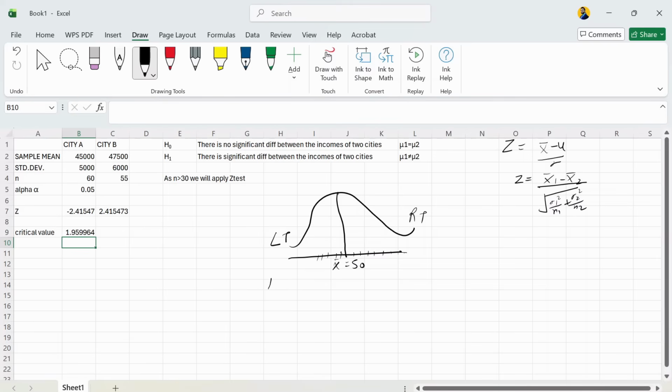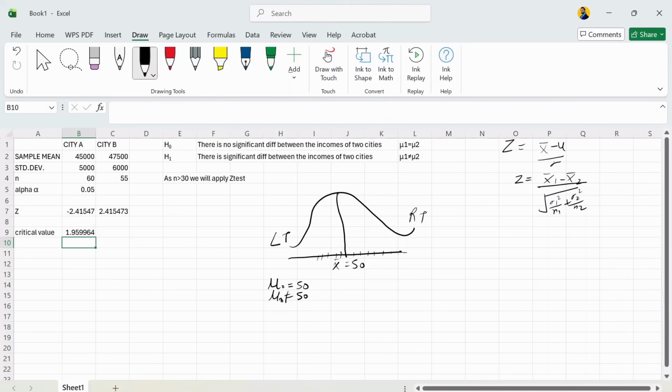Let's say case 1, where we are saying that mu1 is equal to 50, meaning the average score of the class is 50. The alternative hypothesis is saying it is not equal to 50. If this is the scenario, then what to conclude? The null hypothesis states the average score is 50, but the alternative says it is not equal to 50.